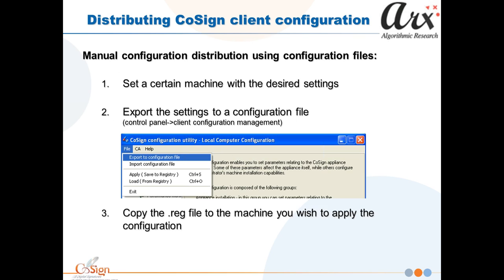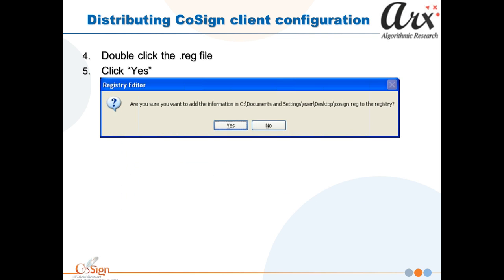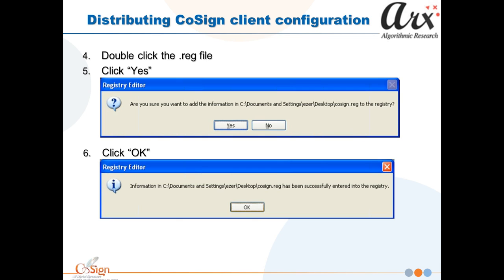And this is going to allow us to save that REG file, the registry settings, to an individual file, which we can then copy to another machine or to a network location. And on the next machine, you can double-click on that REG file, select Yes to load that registry file to the registry, click OK that it's been done successfully.